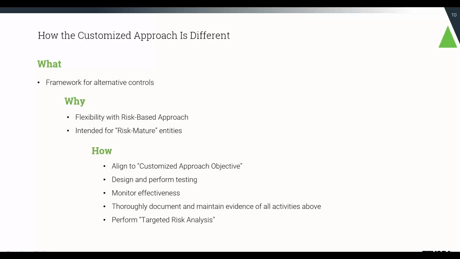Additionally, there would be processes to monitor the effectiveness of that control in both of those areas, implementation as well as risk mitigation. And the crowd favorite, thoroughly document and maintain evidence of all the activities above. And the last point is for each customized approach, the organization needs to conduct a targeted risk analysis, and we'll go into that in more detail in a second.